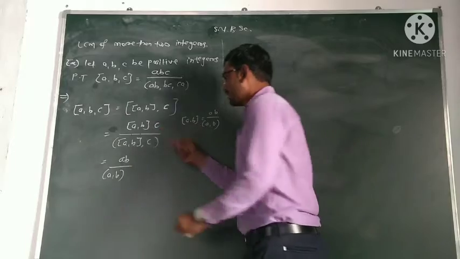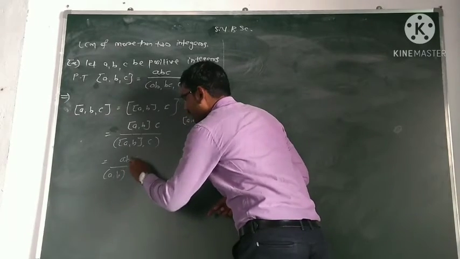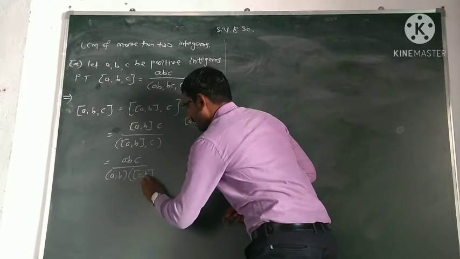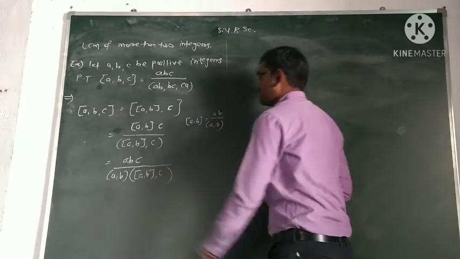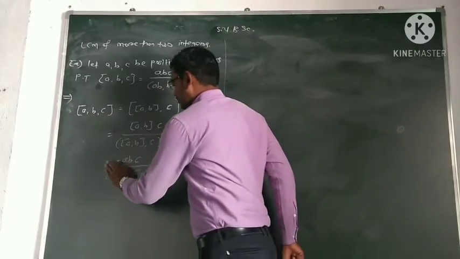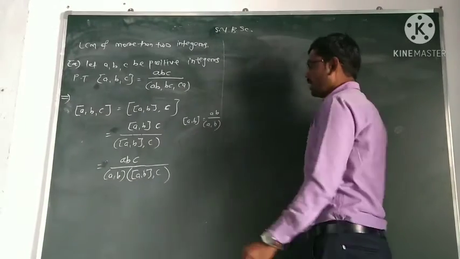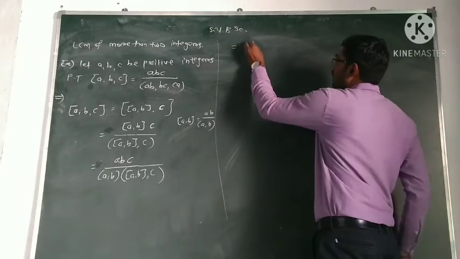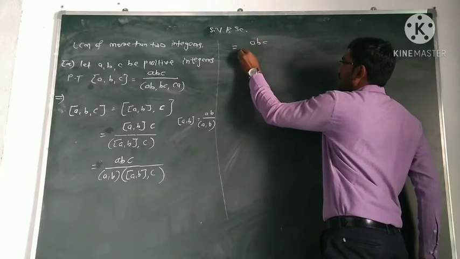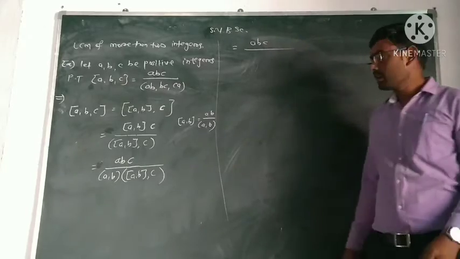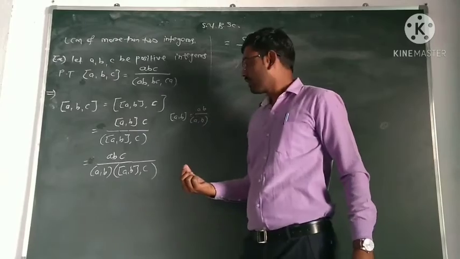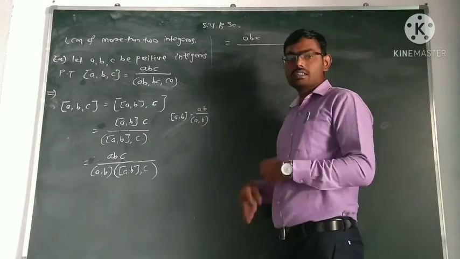Now C as it is, upon the GCD of AB and C as it is. Now this is equal to, in the numerator, A into B into C as it is. Now we know the GCD of AB is again some integer, and we know a property of GCD.